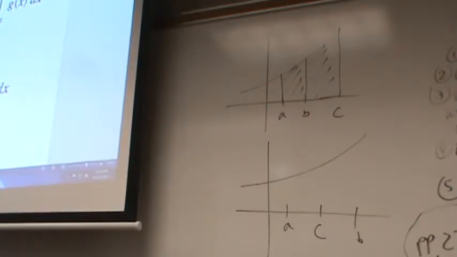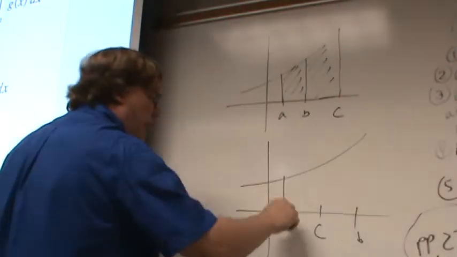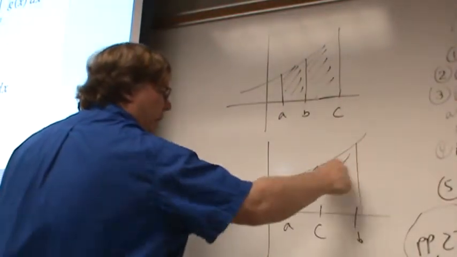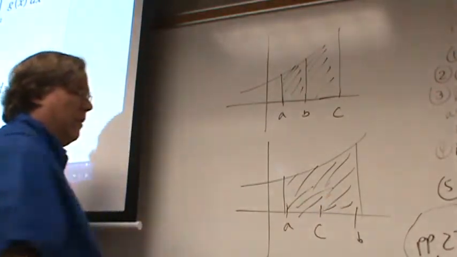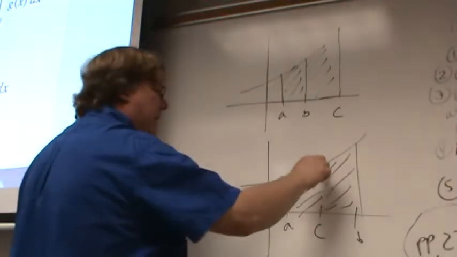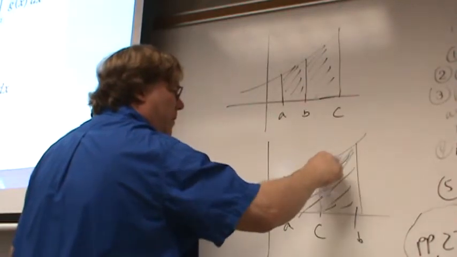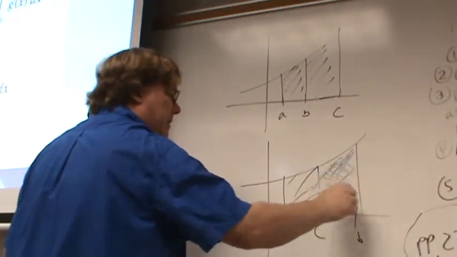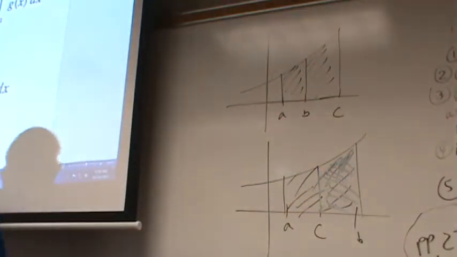Why would you say that's true? I mean, from a to b is this gigantic area. But then you're going backwards. Oh. So you subtract it. Oh my God, Andrew, you're right. I'm going backwards from B to C, so I have to subtract from B to C, and that just leaves me A to C.